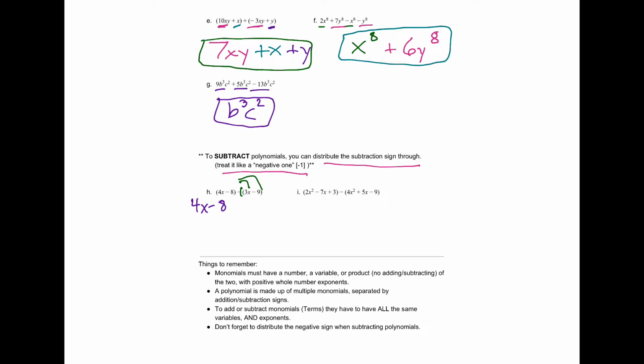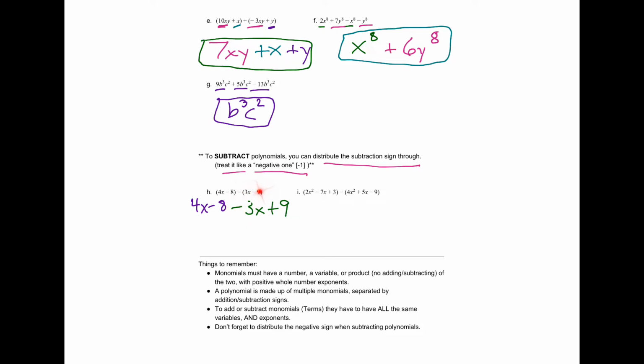So negative 1 times a positive 3x is negative 3x. And a negative 1 times a negative 9 gives me a positive 9. Virtually all you're doing is changing the signs on each one of these. You see this 3x was positive, it's now negative.